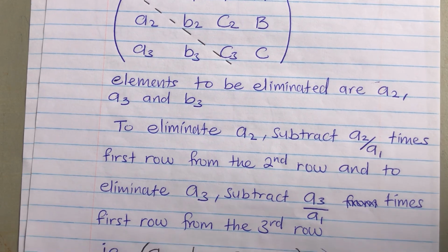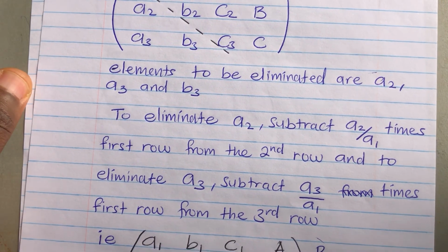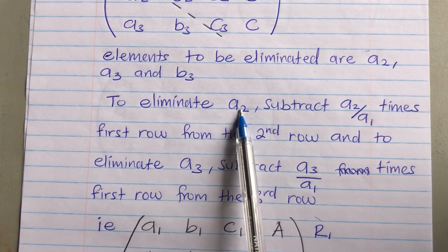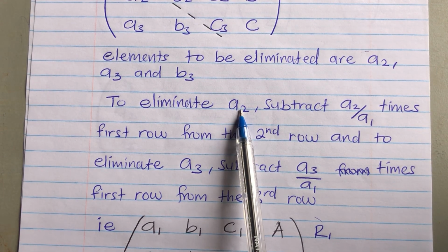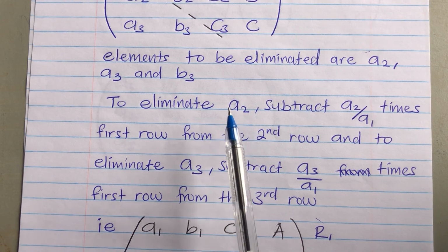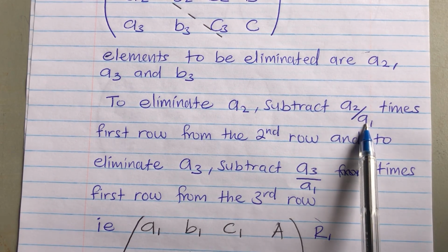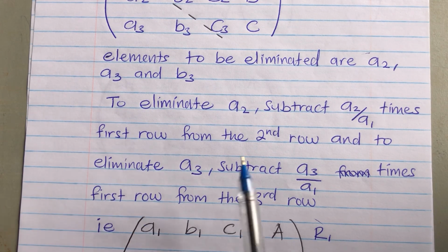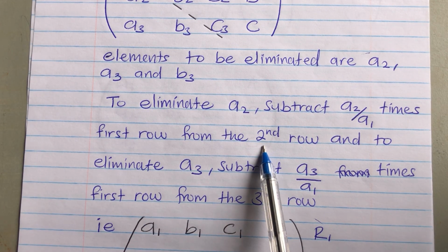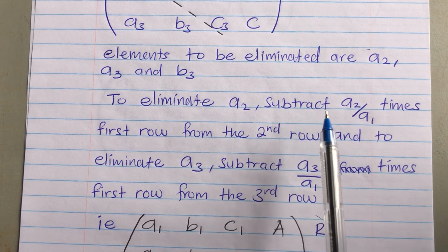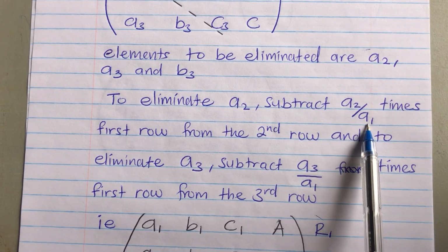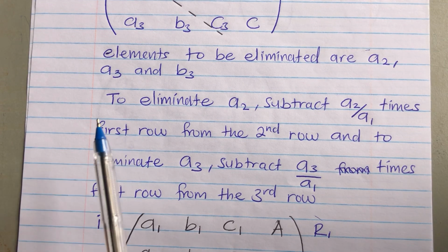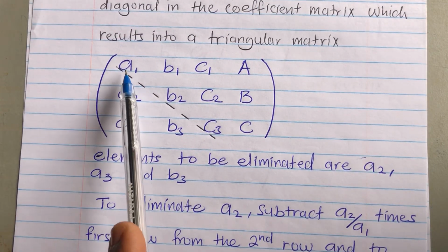So, how are we eliminating these elements? Element A2 is to be eliminated by subtracting A2 over A1 times the first row from the second row. This is our first row.